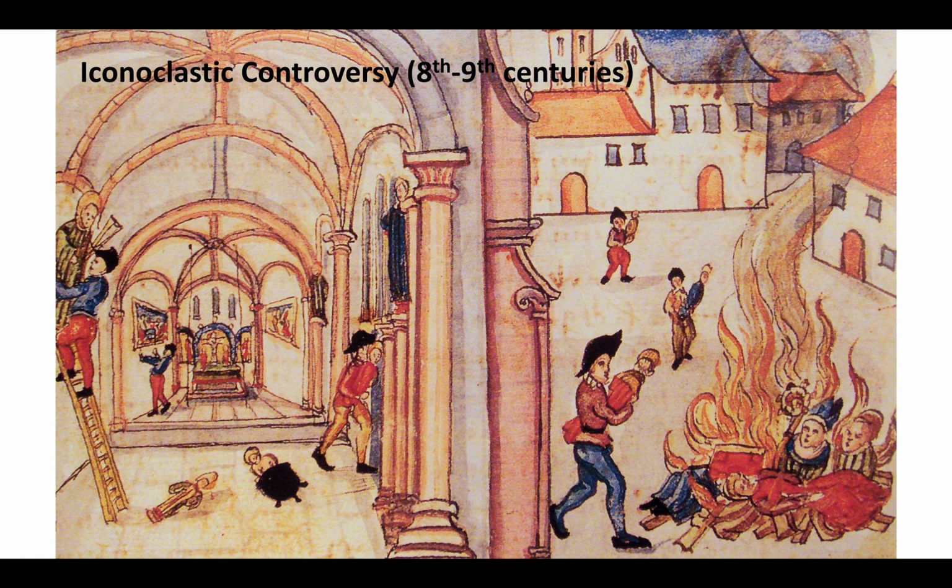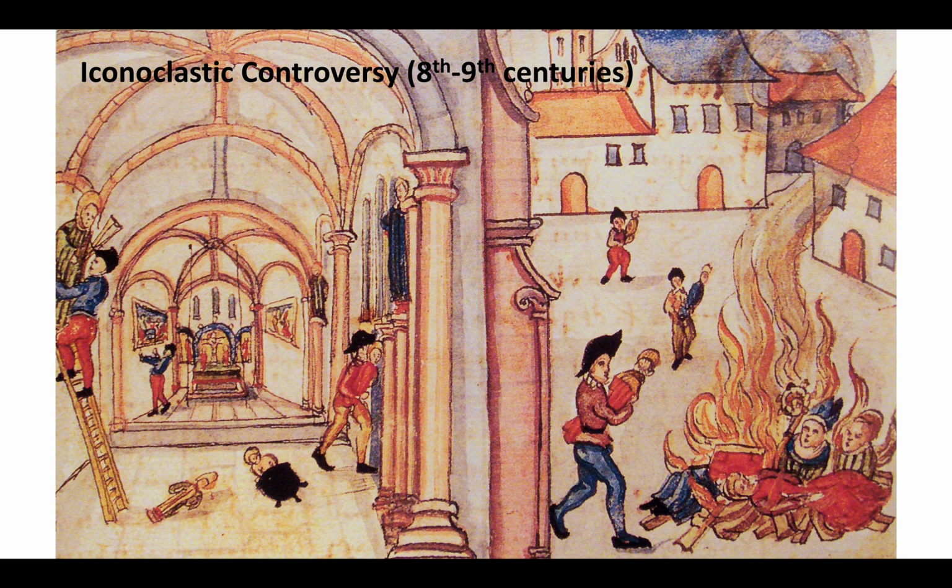So some emperors and some powerful people started to say that it was disrespectful to have images of Christ or the Virgin Mary or some other religious figures in the churches. That was not respectful and had to be forbidden, just like in some other big religions like Judaism or Islam, which shouldn't have representations.